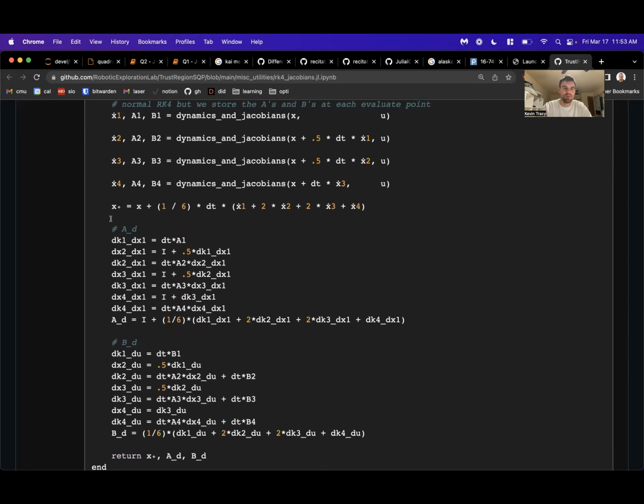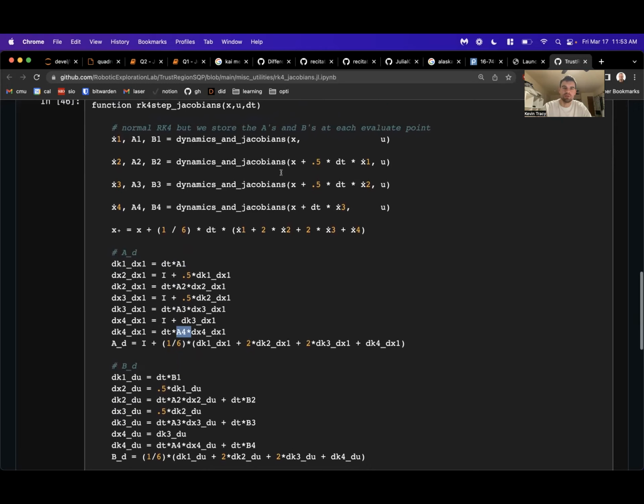And when I compute my AD and BD, these are my discrete time Jacobians, you can see that I'm incorporating information from all these A's. A1 through 4 are all used. These are continuous time Jacobians of this function at 4 different values of x, between xk and xk plus 1. The derivatives of this function at 4 different points between xk and xk plus 1 are considered when I form my discrete time Jacobian.